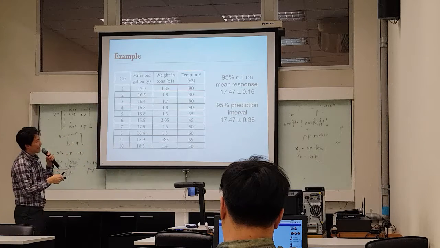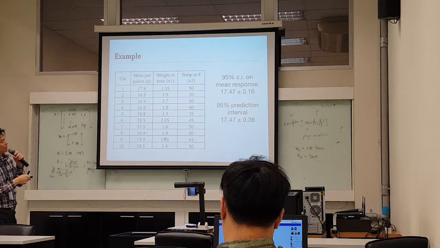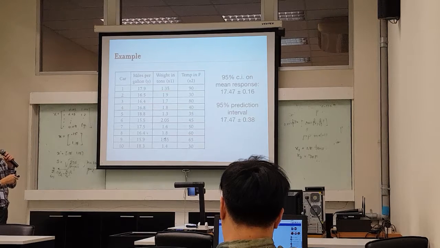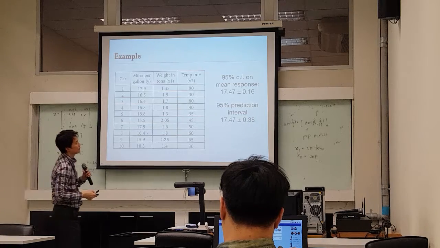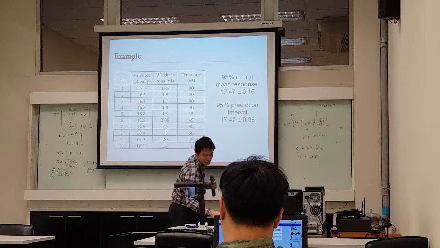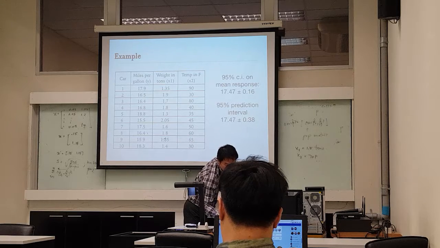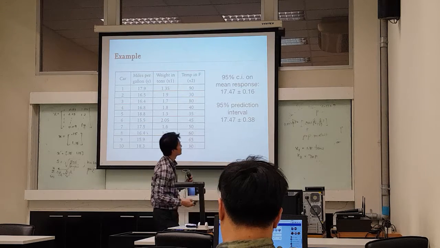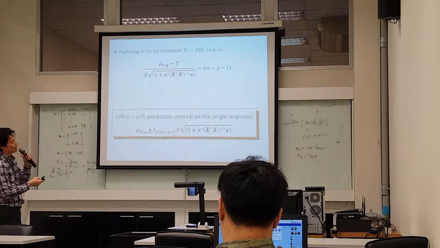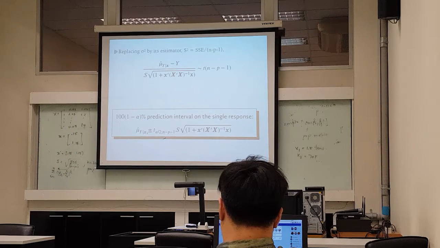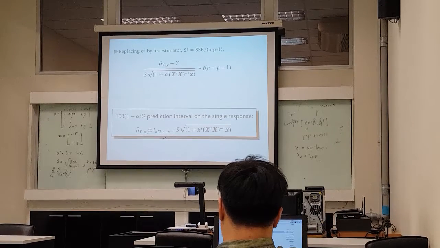So for this data, the single mean response for x1 1.5 and x2 equal to 17. This is the confidence interval on the mean, and this is the prediction interval. In practice, you just plug values into this equation, and nothing more than that. It's really straightforward.